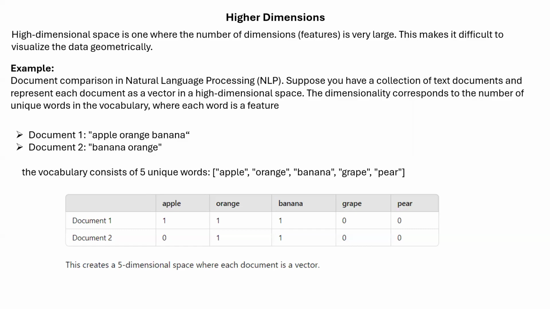Before starting the session today, I'll just try to revise what a dimension is. So we have seen a data matrix. In a data matrix, every row is called a point, and every column is called a dimension, right?